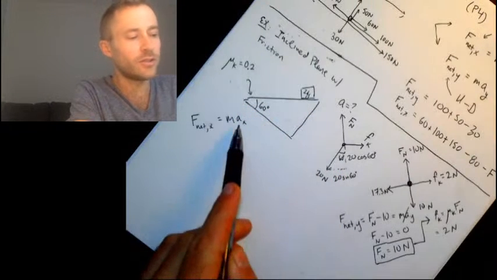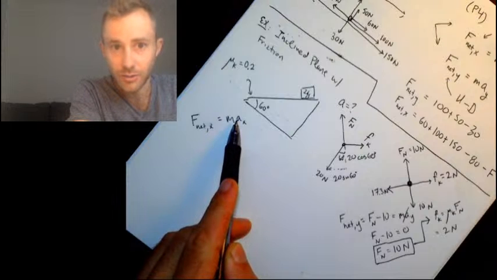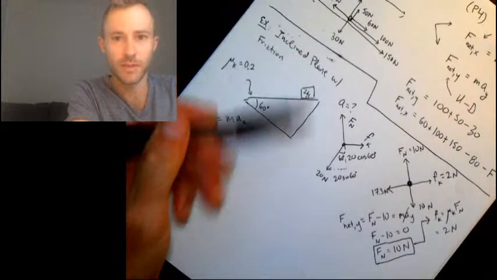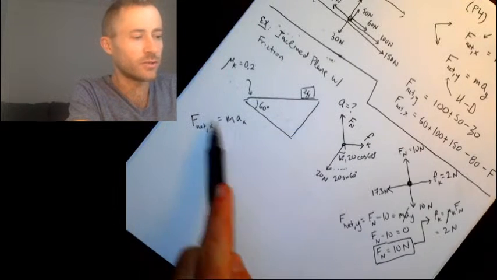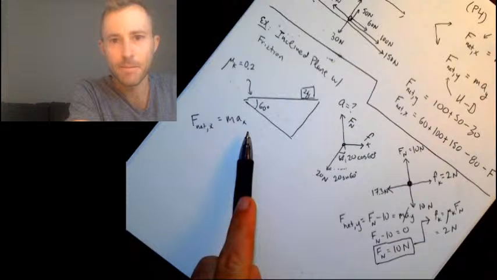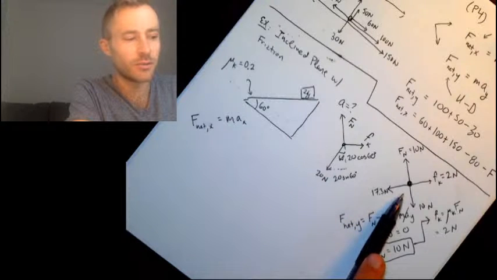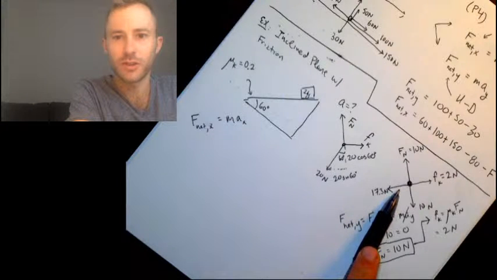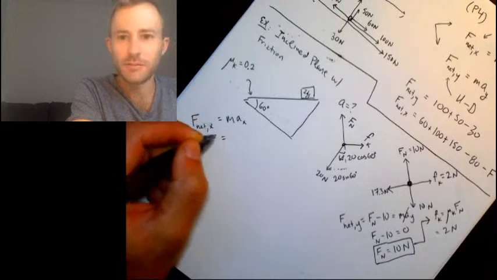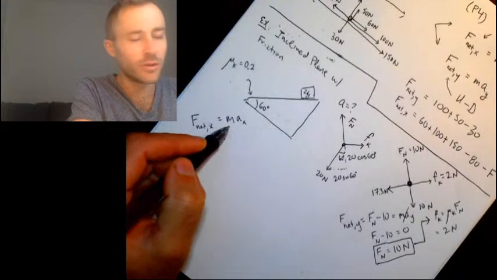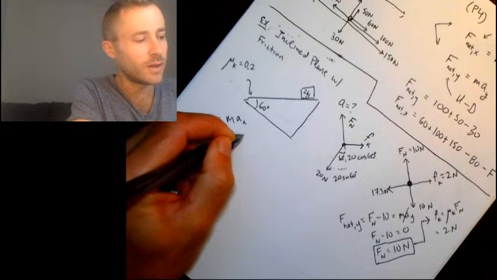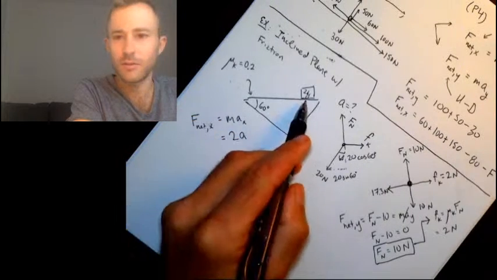So we have a sub x is not equal to 0. The block was not moving vertically, but it is moving horizontally. So we do have an x acceleration. Okay. Still waiting on someone to tell me what the net force in the x direction is equal to. While I'm waiting, I will go ahead and put the right-hand side of Newton's second law in. So I have 2a, because the mass of the block is 2.